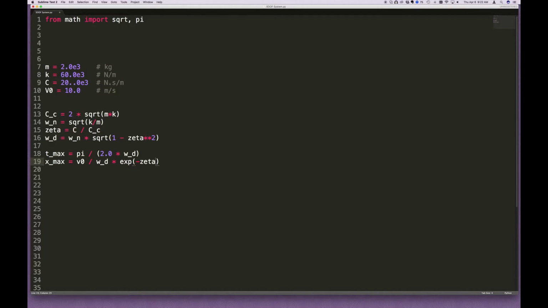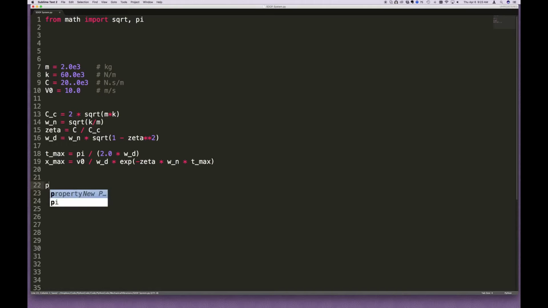Let me see how I want to do this. It's zeta times omega n. I'll do it this way. Just times T max. Previously in the problem, we substituted this in for Tmax. I could have done it, but since I've calculated it right here, it's cleaner just to write it in. That's the beauty of using Python.